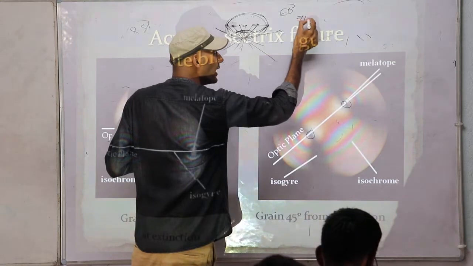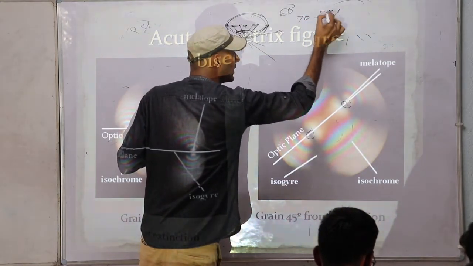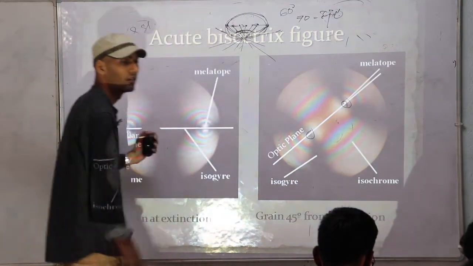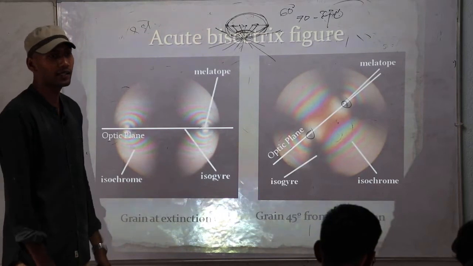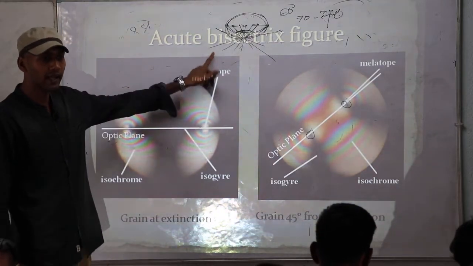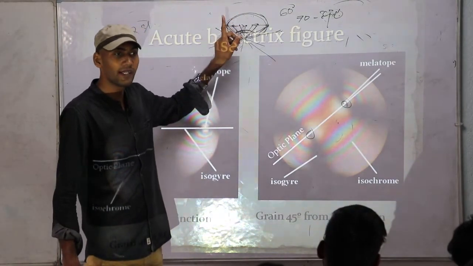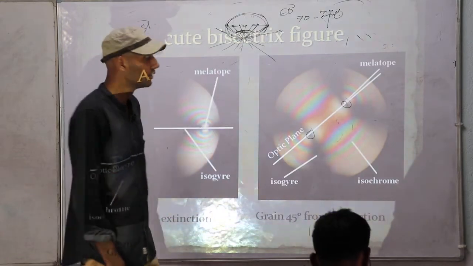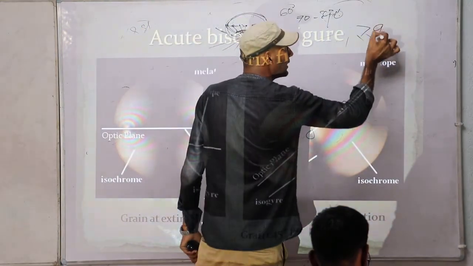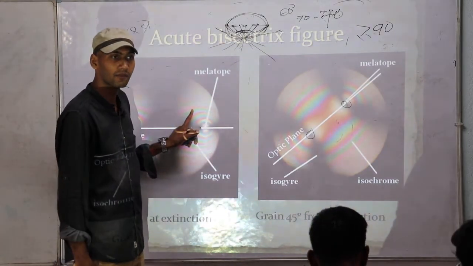If it is 70 to 89 degrees, let's say 70 to 90, you are watching an acute bisectrix figure. When the 2V angle is 70 to 90, you are watching an acute bisectrix figure without any melatope. If the angle is greater than 90, you are watching an obtuse bisectrix figure.